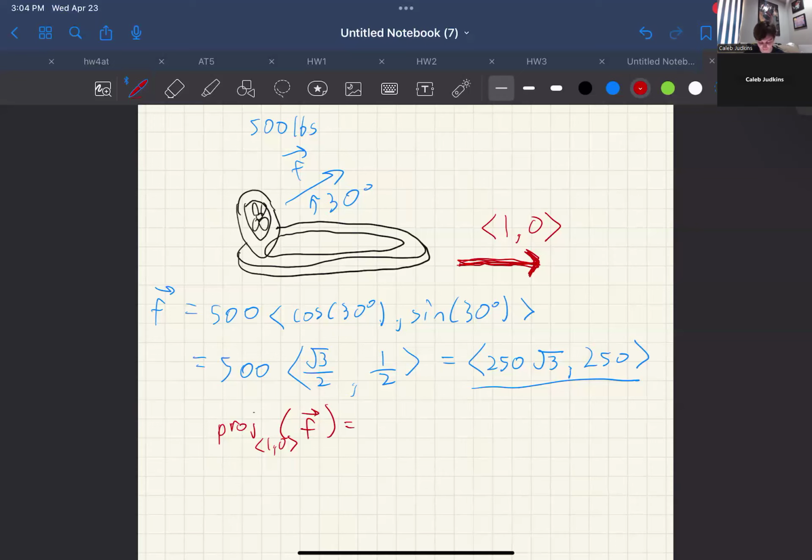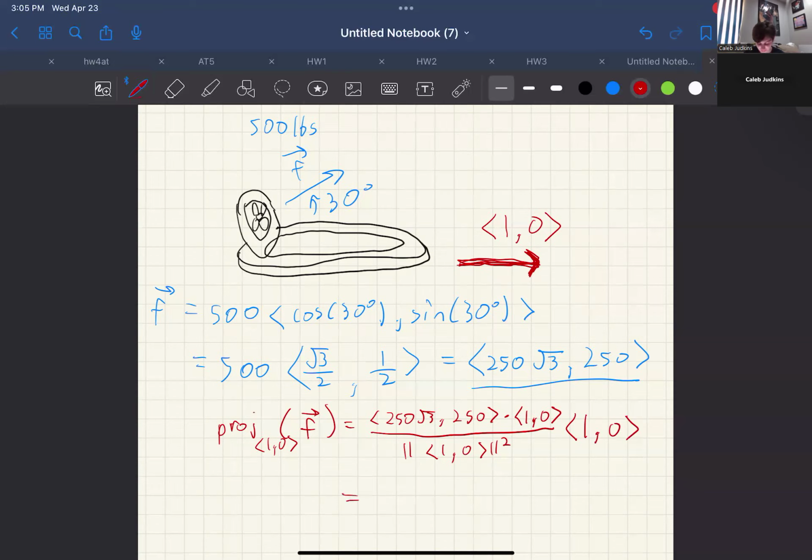Well, this means that from the formula, we would do u dot v if it's the projection of v onto u. So in our case, 250 times root 3, comma 250 dot 1, 0, divided by the magnitude squared, times the vector that we're projecting onto.